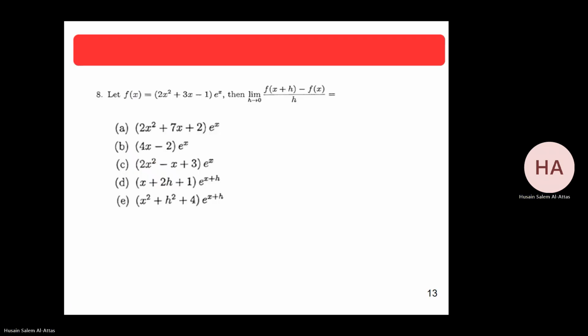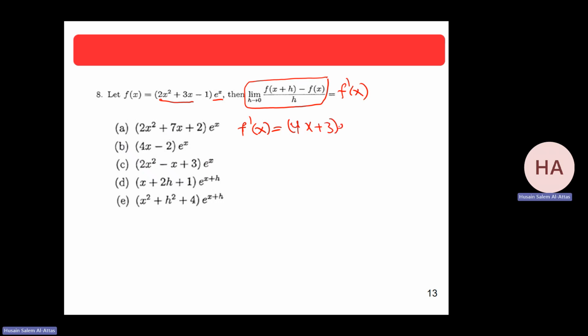If x equals this, now he wants the derivative of the product. He wants the derivative, but he wrote it as a definition. So this is f prime at x. I need to do the derivative of this one. So f prime of x: derivative of the first, 4x plus 3, times the second, plus the first times derivative of the second, which is e to the power x.